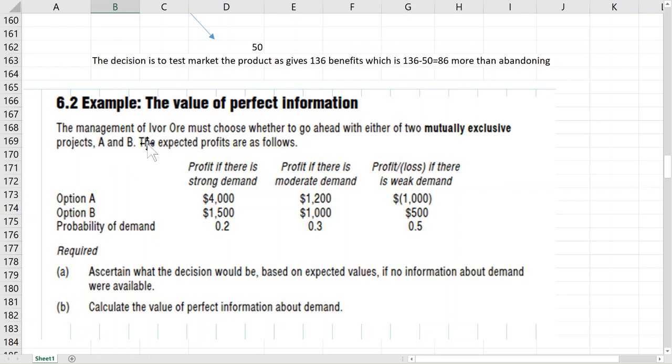With projects A and B, the expected profits are as follows. From project A, if demand is strong, we would have 4,000 profit, the probability of which is 20%. If it's moderate, then it will be 1,200, probability is 30%. If it is weak, then it will be 1,000 loss, probability of which is 50%. And for option B, the same probabilities, with 1,500, 1,000, and 500.